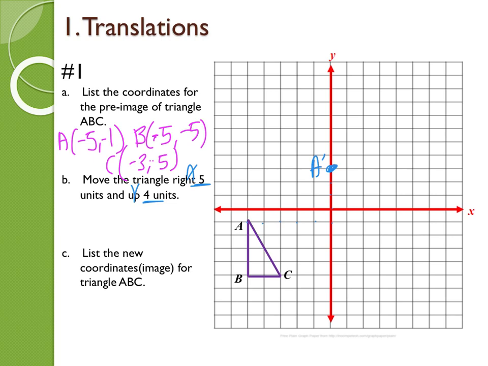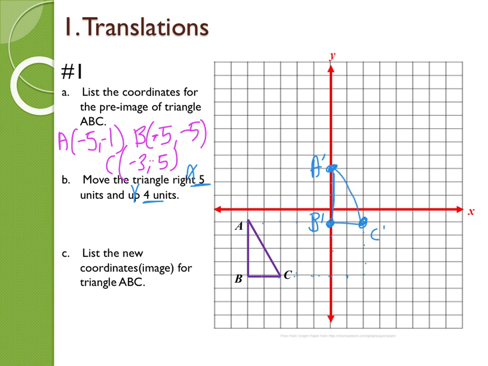Do the same with B. 1, 2, 3, 4, 5. 1, 2, 3, 4. You can count up 4 and then to the right 5. Doesn't matter, either one is correct. B prime, and then we'll start with C. 1, 2, 3, 4. 1, 2, 3, 4, 5. 1, 2, 3, 4. C prime.